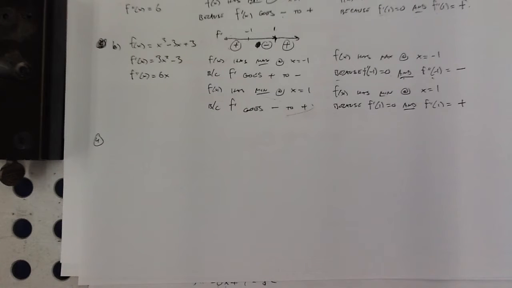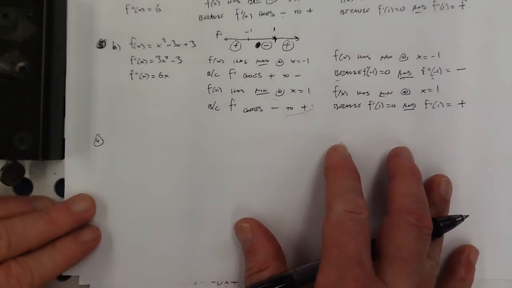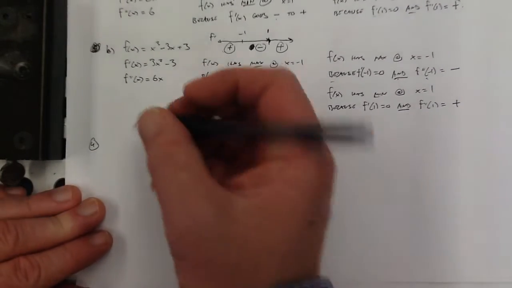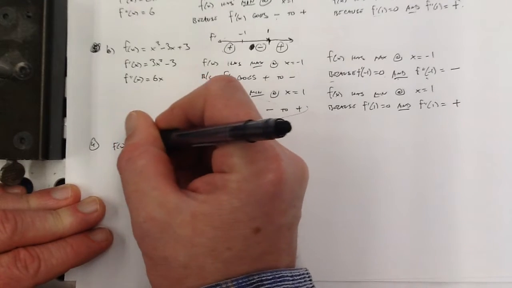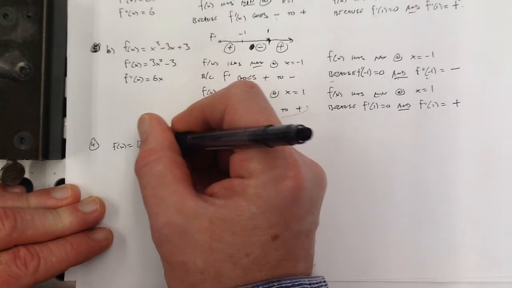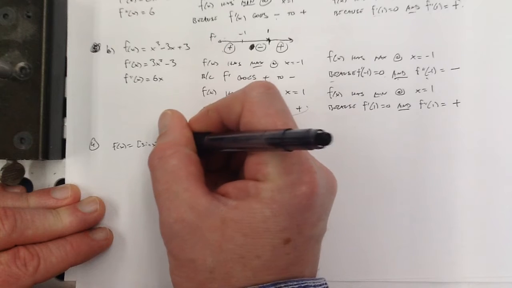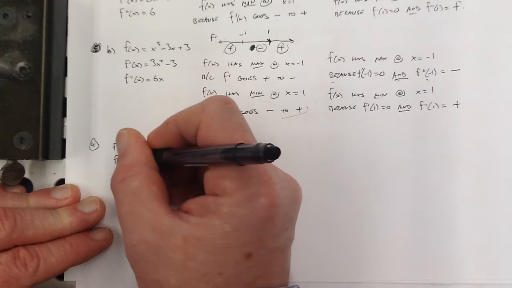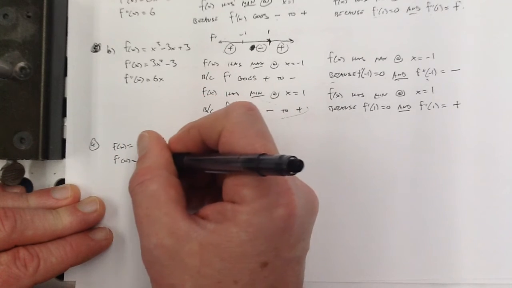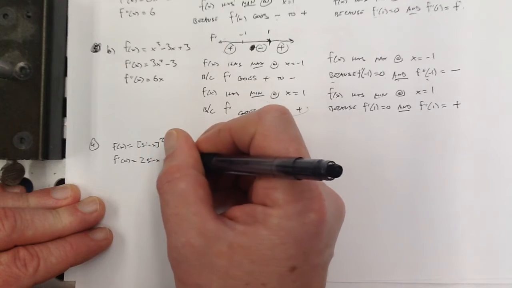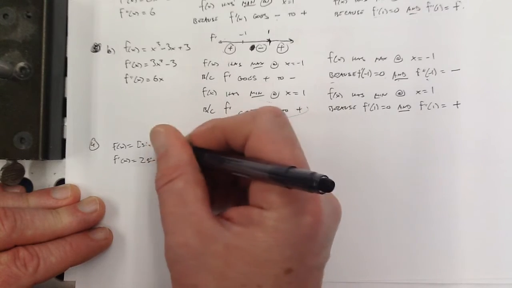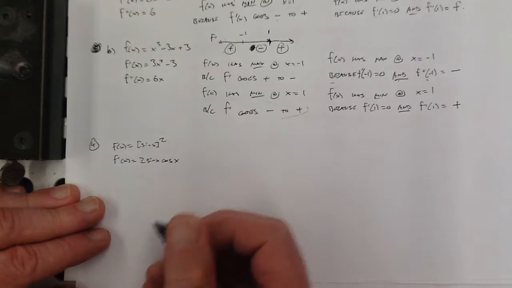Use both tests to show that sine squared x has a relative minimum at x equals 0. And we're going to do the same thing for tangent squared. So sine squared x, better to write it like that. That's 2 sine x cosine x times the derivative of what's inside, right? Chain rule.